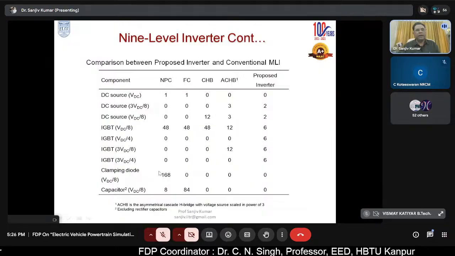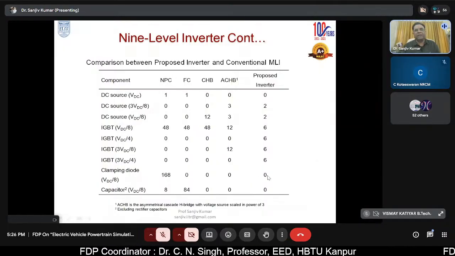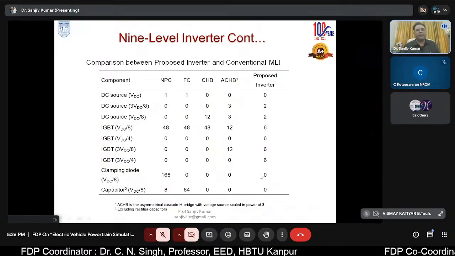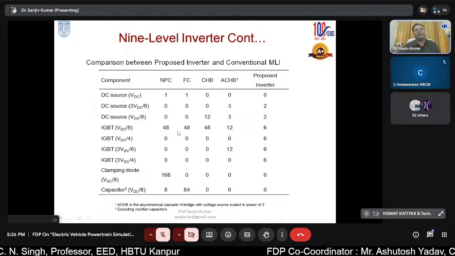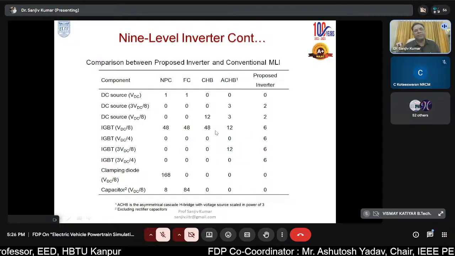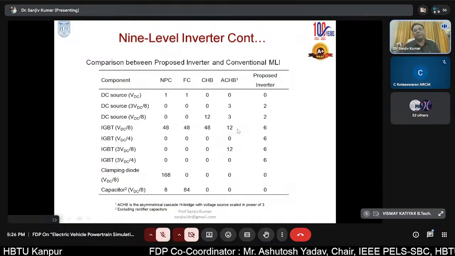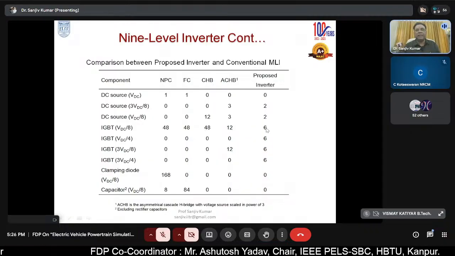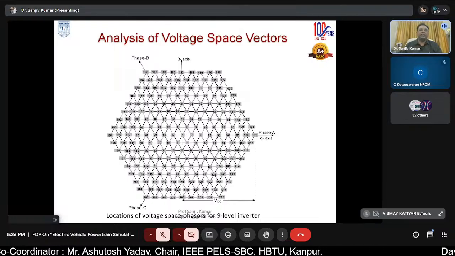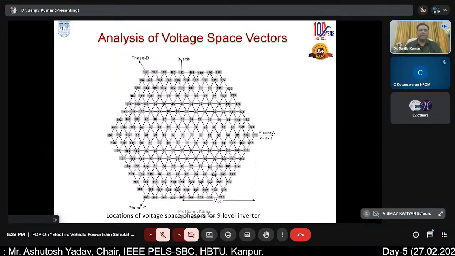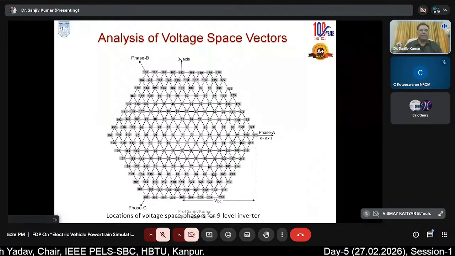You require 168 clamping diodes, but in our topology, no clamping diodes are required. You require VDC by 8 IGBT in NPCFC and CHV, whereas ACHV uses 12, but ours uses 6. Likewise, a great advantage. And this is the space vector, with 217 switching combinations.